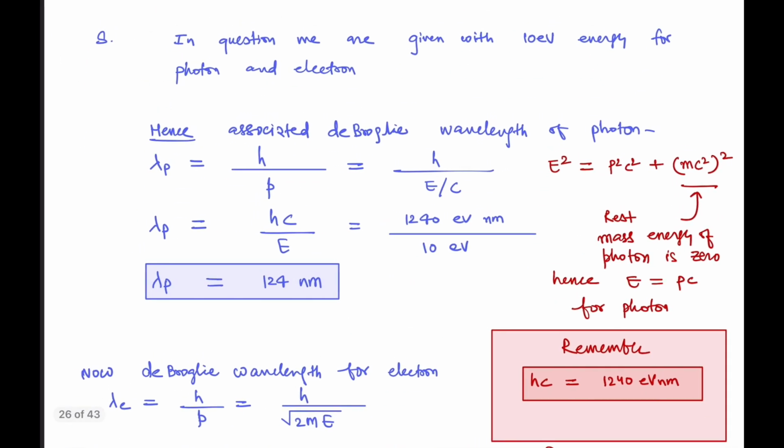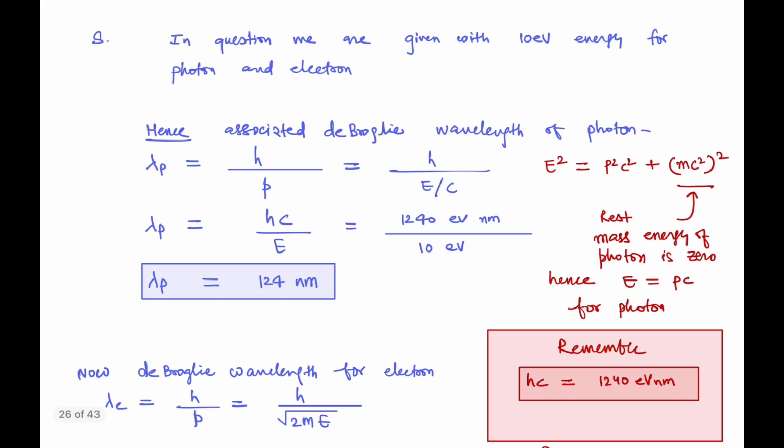Okay, when you find the wavelength, for a photon the only important thing is that you are going to use the relativistic formula given by E squared is equal to p squared c squared plus (m naught c squared) whole squared. It is m naught actually. So for a photon, the momentum is actually energy divided by c.